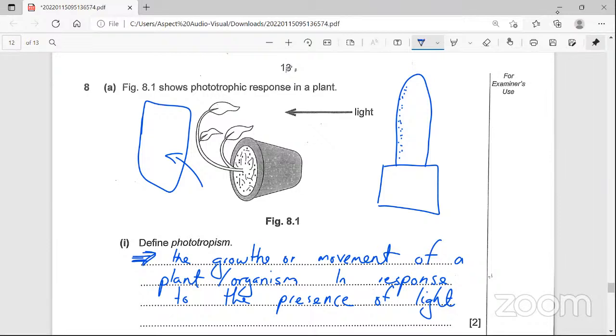For the auxins, are you talking about the water or the auxins? The auxins. What I know is that they are created within the cells. If there's some already existing, they will diffuse to the side where there is no light. Yes, most of them are produced in the shoots and the roots.